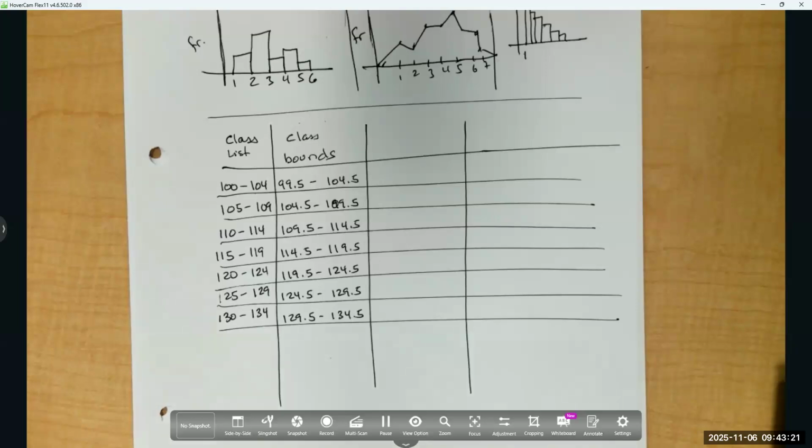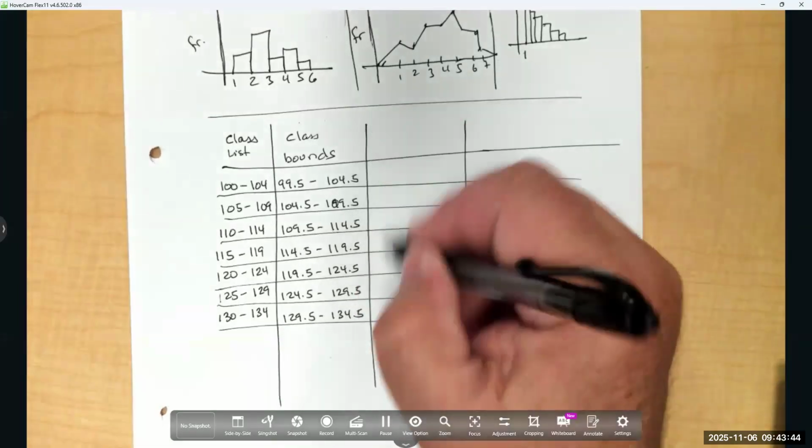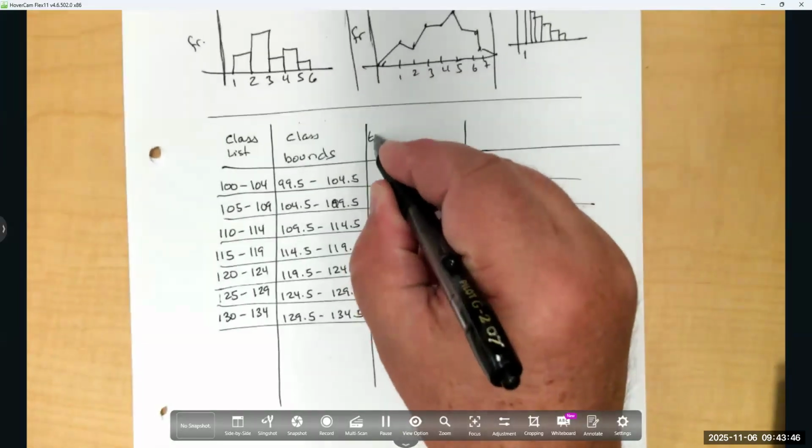When you graph these things, what are you actually graphing to? What are you comparing? What are you looking at? Okay. But what do you have to know about the data? Well, our next step would be very small, would be the tally.